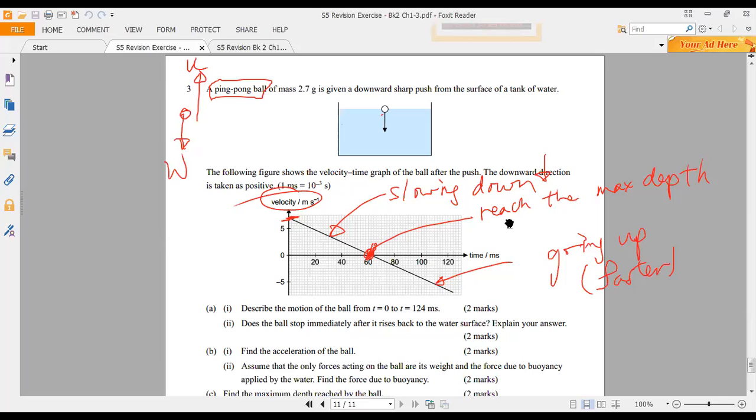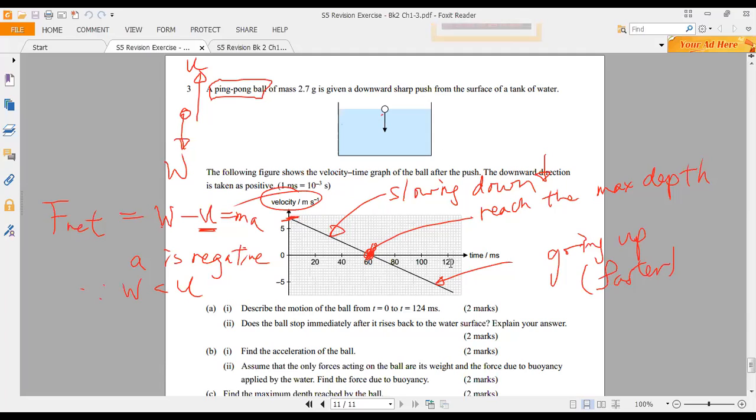So that's why the net force is always equal to W minus U equals MA. But this U is larger than W, so that A is negative. The upthrust is larger. So that's why you can see a negative slope here.